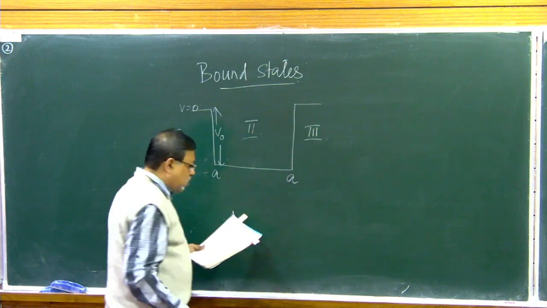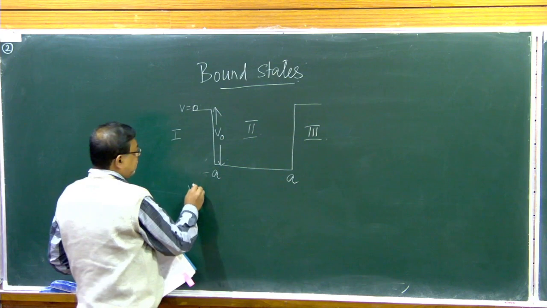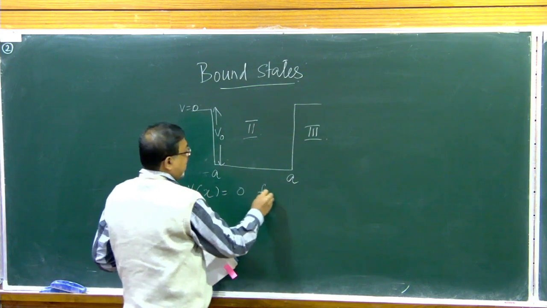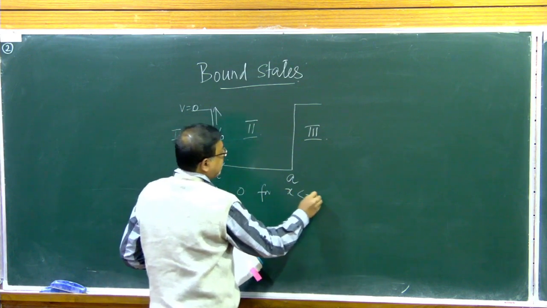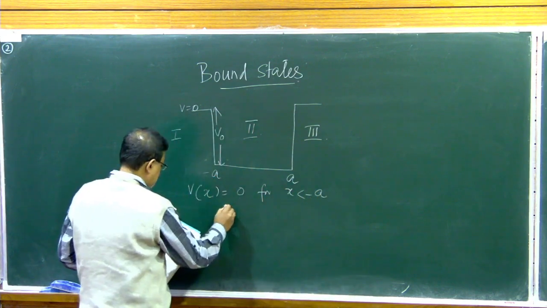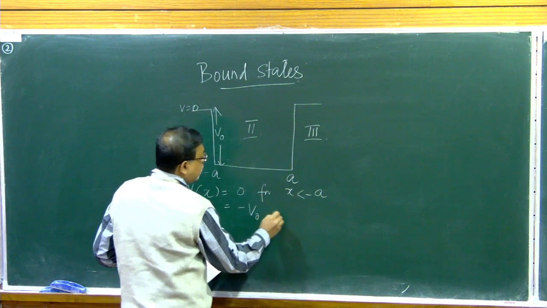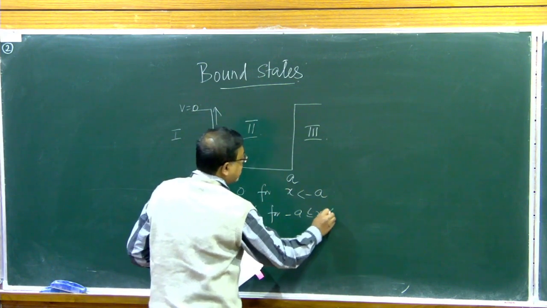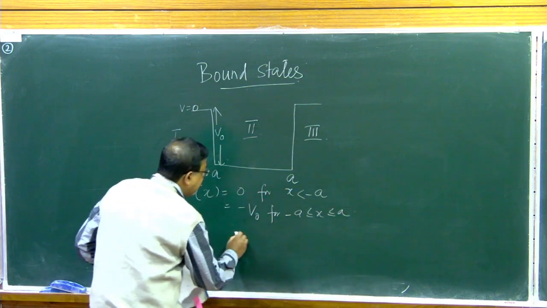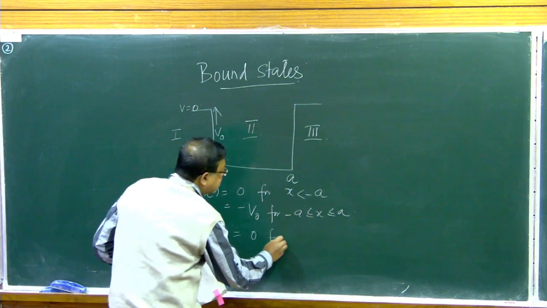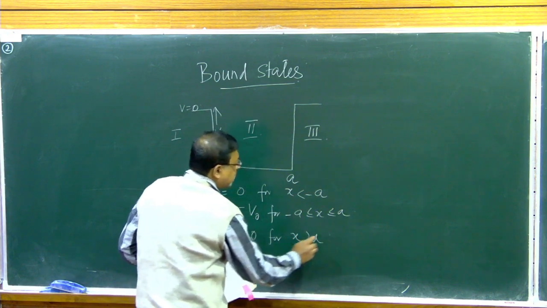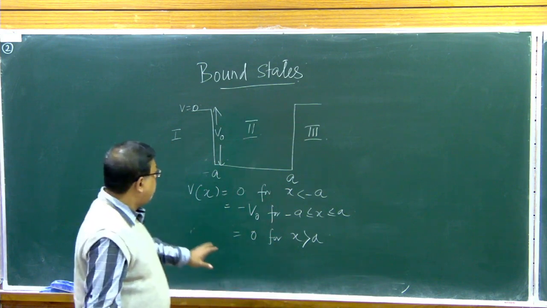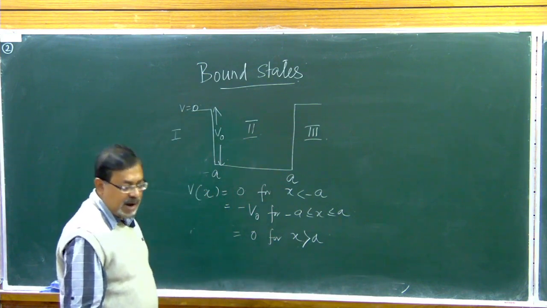So what you can say is that the potential is equal to 0 for x less than minus A. It is equal to minus V0 for minus A less than or equal to x less than or equal to A, and again it is equal to 0 for x greater than A. So that is the potential profile, and we have just drawn it schematically.